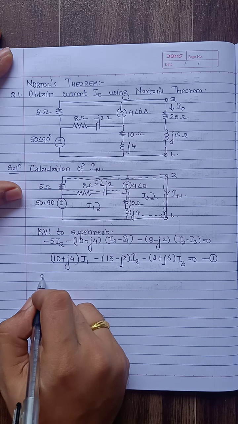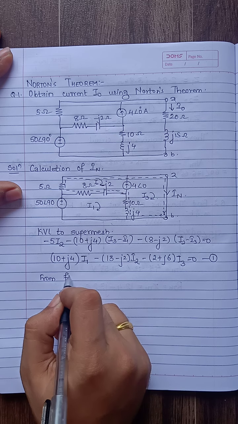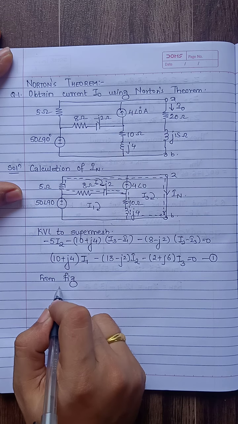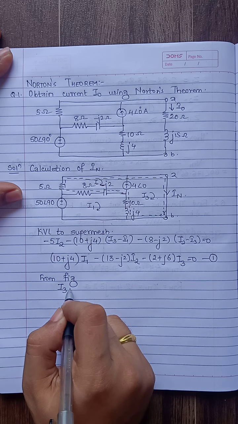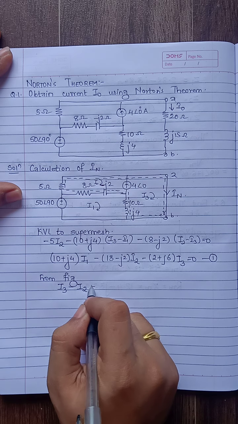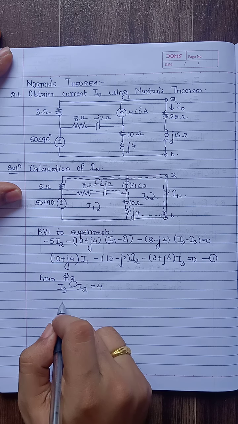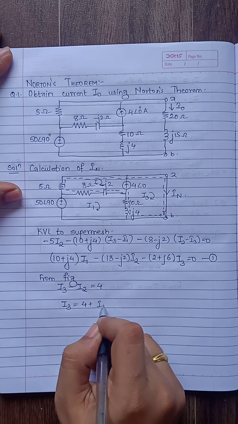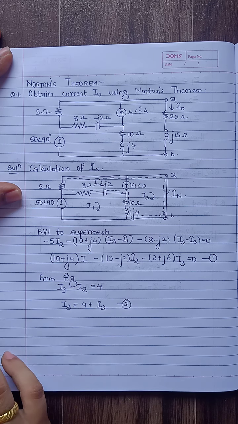Now from the figure, the current source in the super mesh will give you a second equation: I3 minus I2 is 4, or I3 is 4 plus I2, equation number 2.